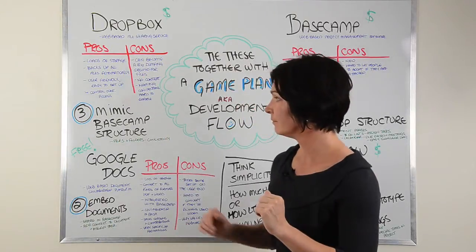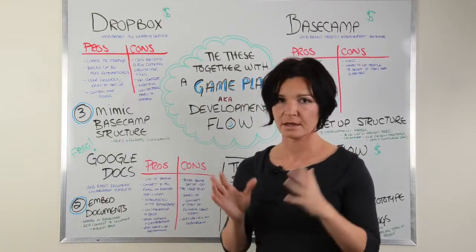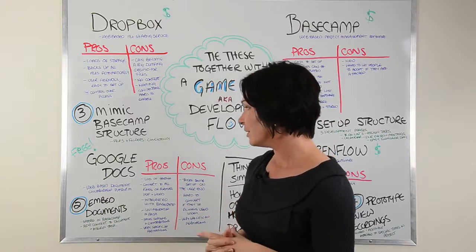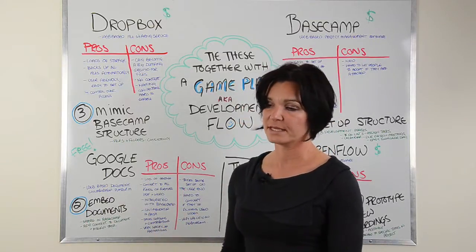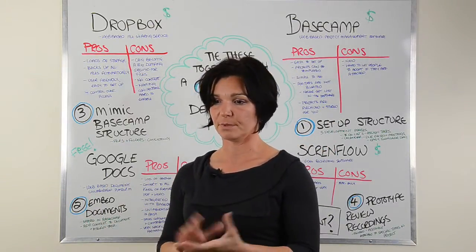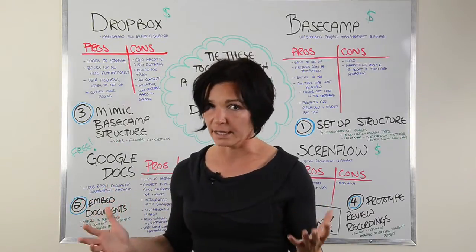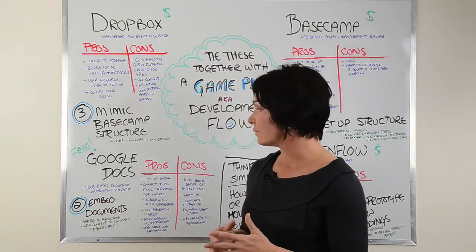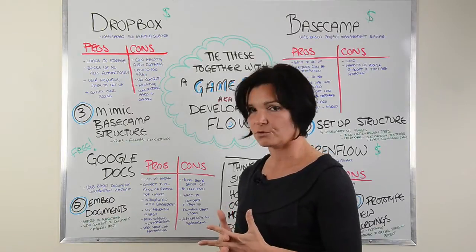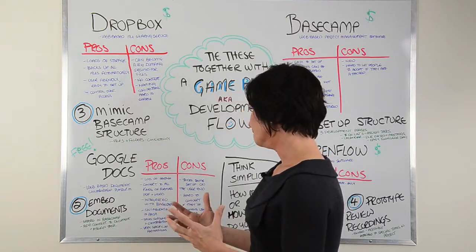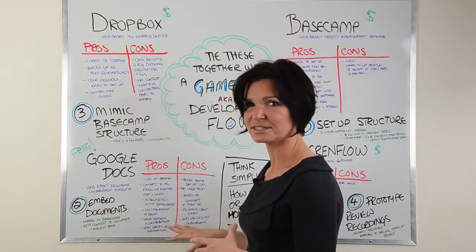Now, Google Docs. What is awesome about Google Docs, which is basically the extension of word processing software online, is that it's web-based and it's also awesome to collaborate in. But look at my list here, it's huge.